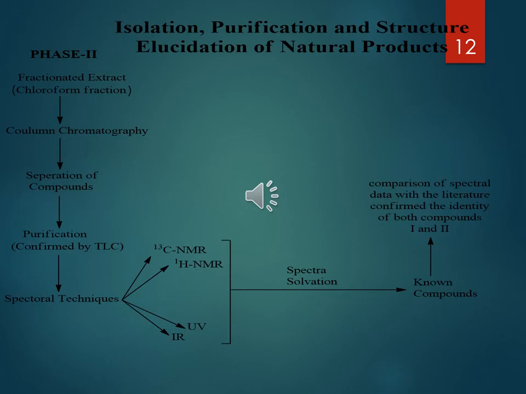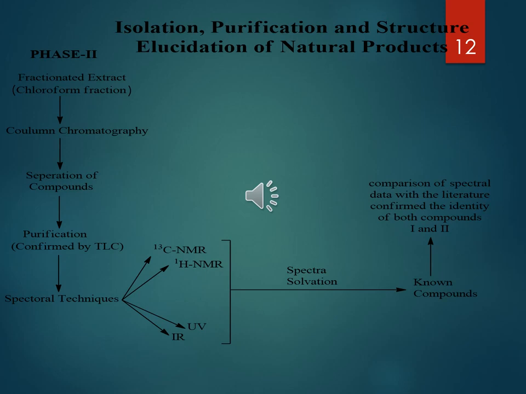The second phase consists of isolation, purification, and structural elucidation of the natural products. This phase consists of the following steps. In the first step, the more active fraction is chosen on the basis of phytoconstituents and the maximum number of organic compounds for column chromatography.